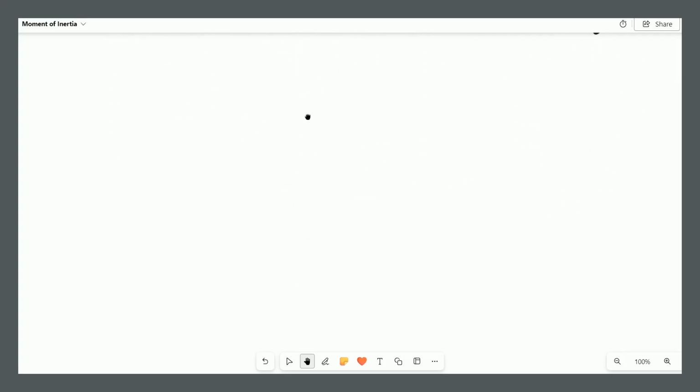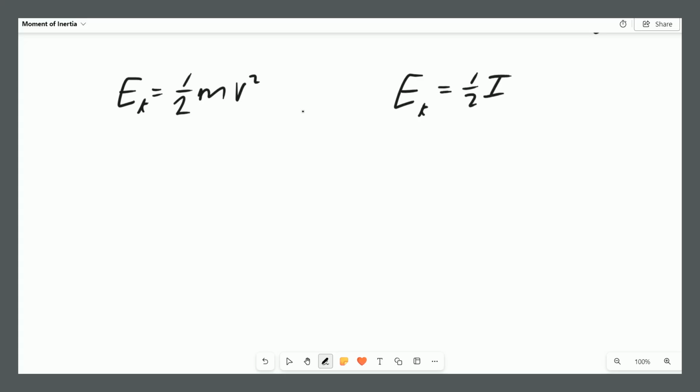So, just to recap, what we end up with is our kinetic energy is 1 over 2 mv squared, or if we want it in terms of angular velocity, 1 over 2 I omega squared.